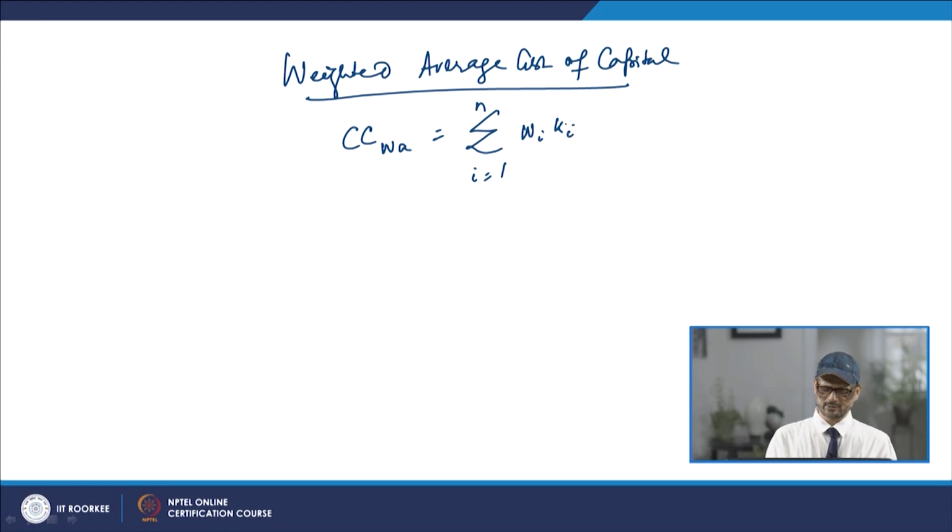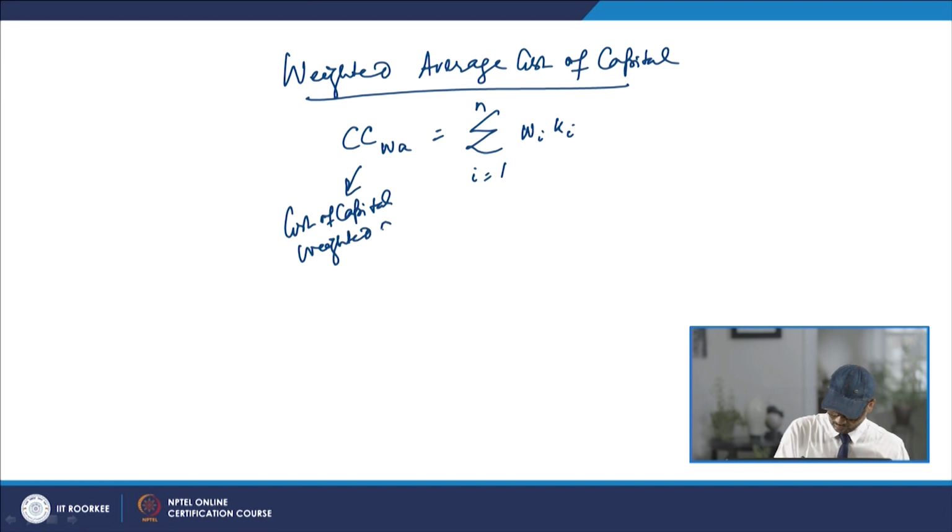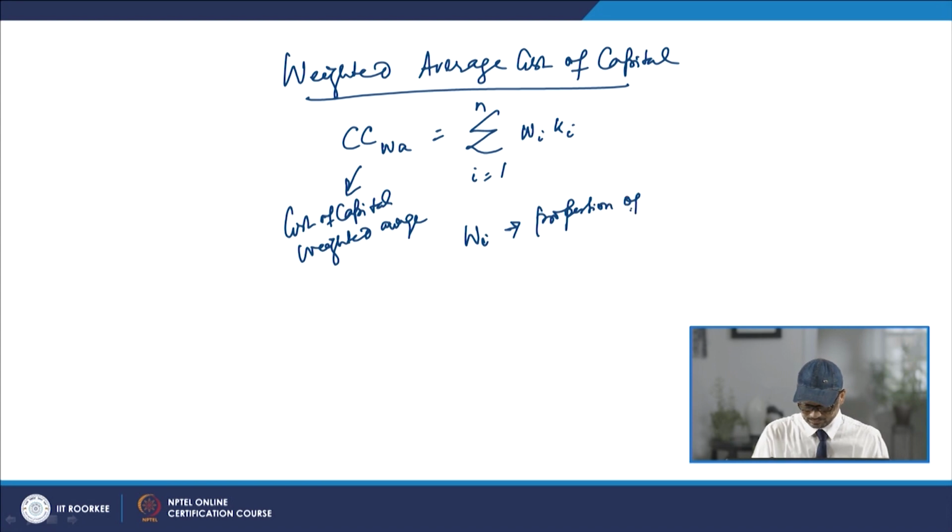So, in this case CCWA is basically the cost of capital weighted average, and the Wi is basically the proportion of any type of capital, and the Ki is the cost of any type of capital.